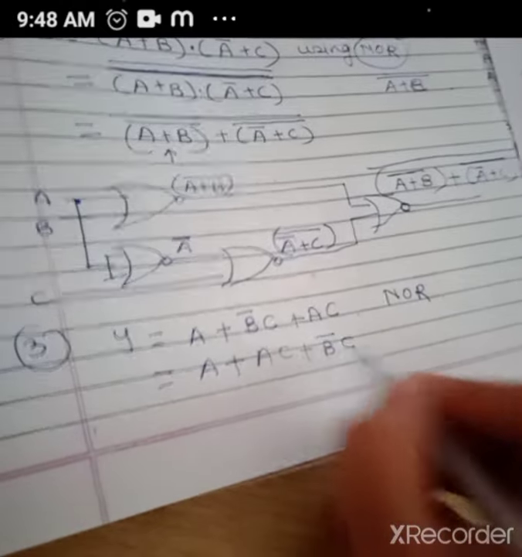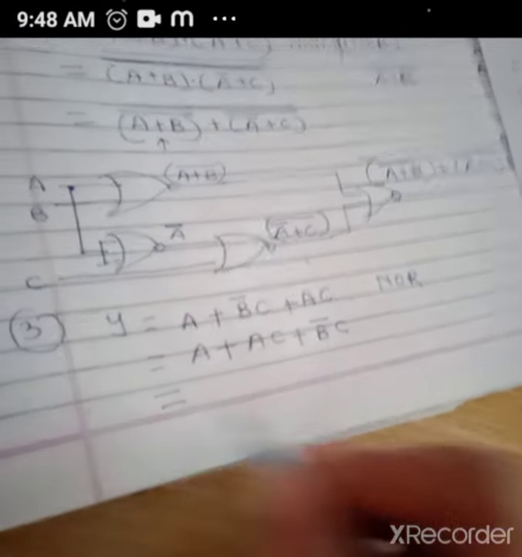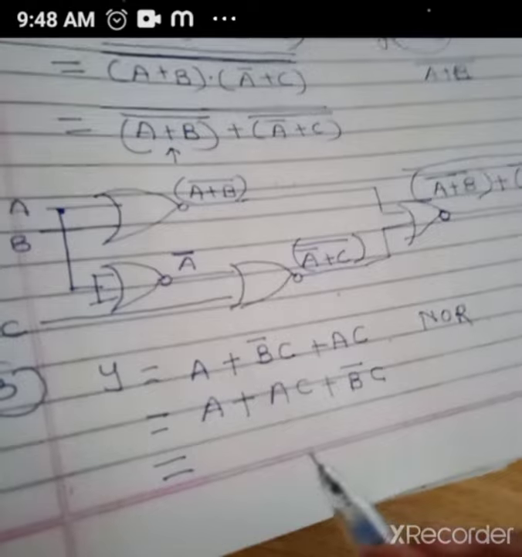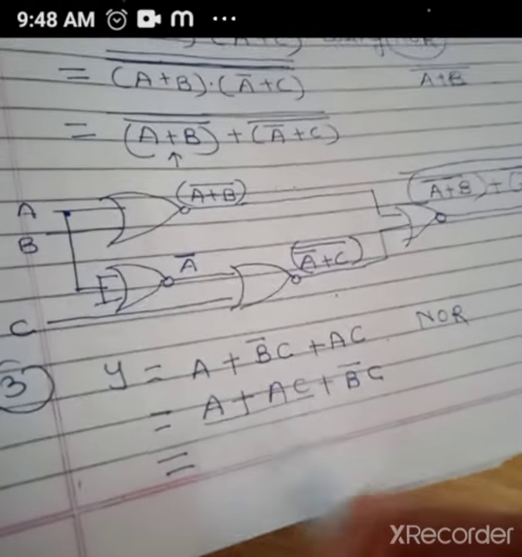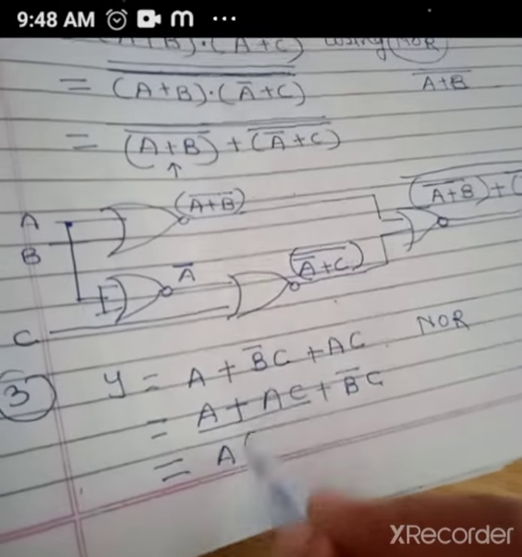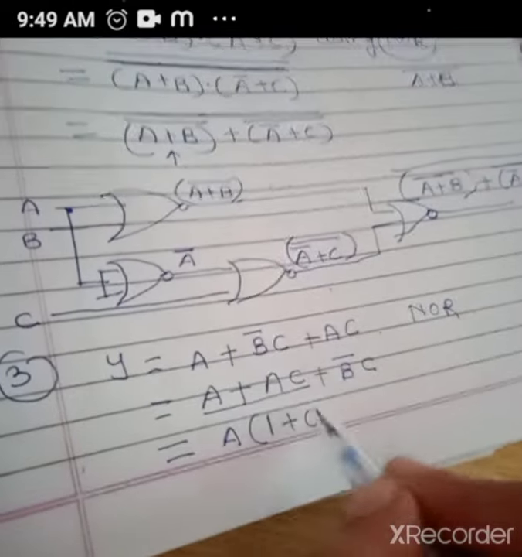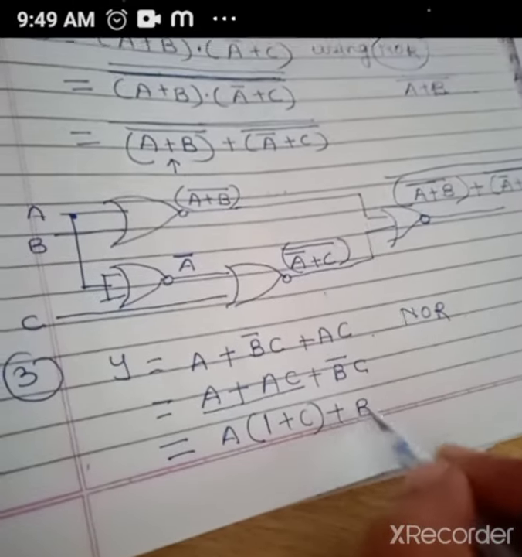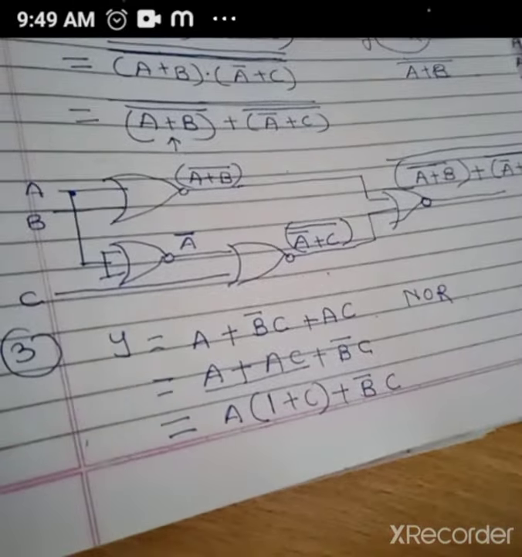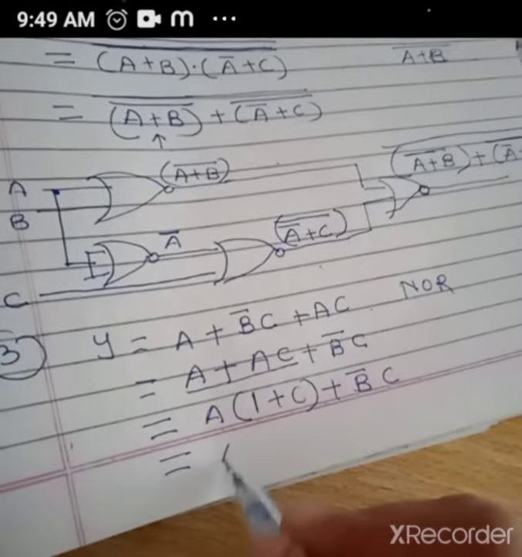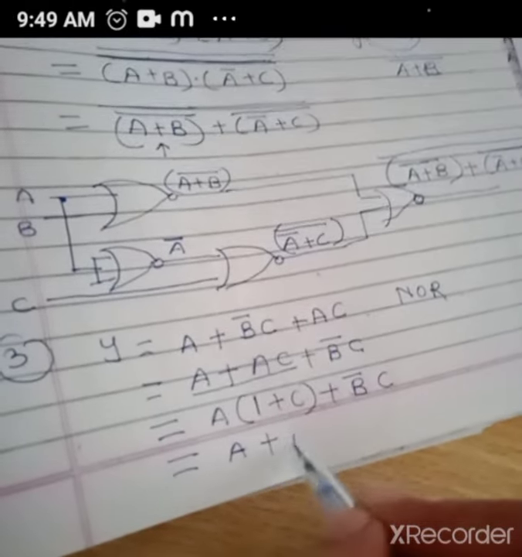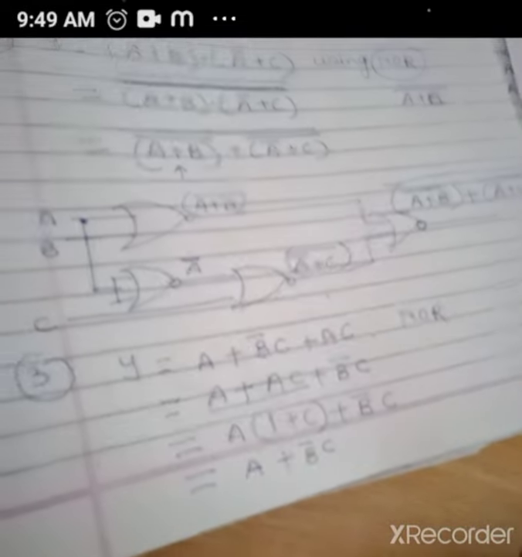You can change the variable order by using the commutative law or distributive law. Now in this equation, A is common, so in bracket 1 plus C will remain. So 1 plus C is equal to 1. So this equation will convert into like this.